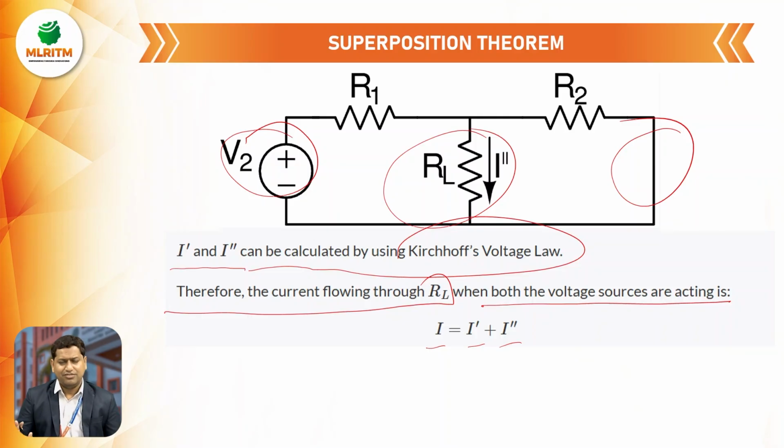In case 2, the second one is activated and the first one is deactivated. After that we have to add both the responses to get the final answer. The first one gives I dash, the second one gives I double dash. So the total current in that particular branch is I equal to I dash plus I double dash.